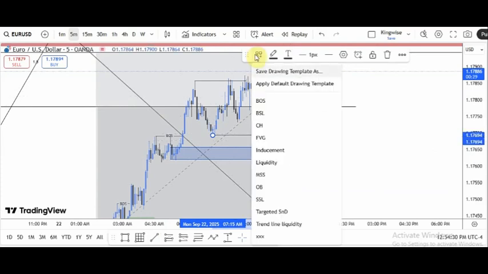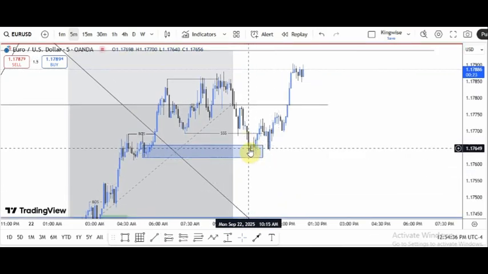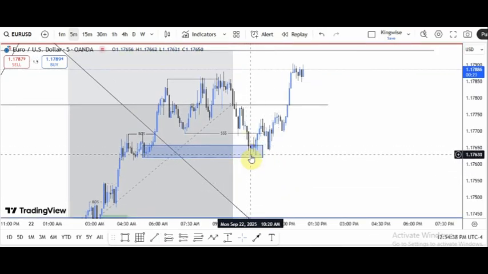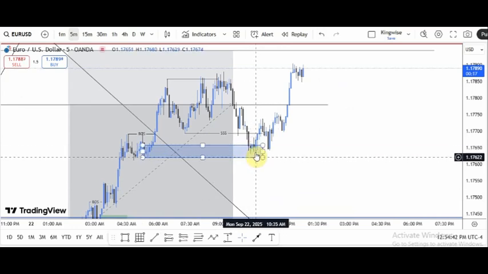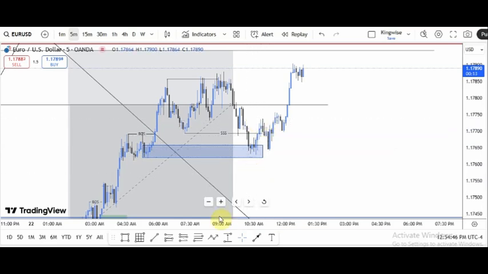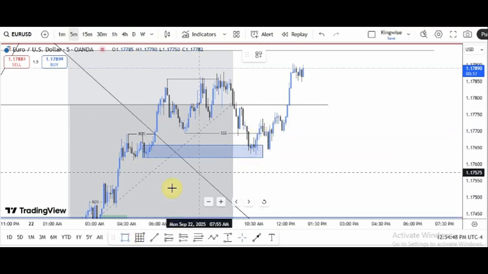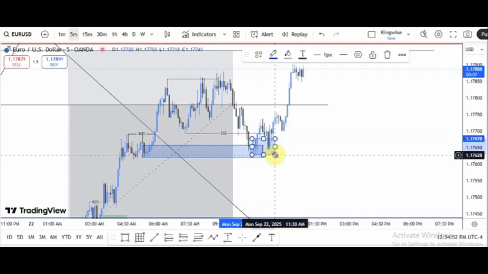If you allow this liquidity to be cleared and price taps into this zone, look for candlestick confirmation, rejection. Price moved up higher and came back again to give you another entry. See, another entry. This is another demand zone.